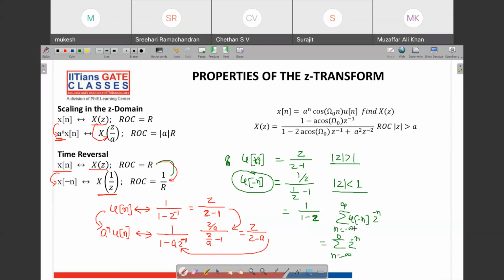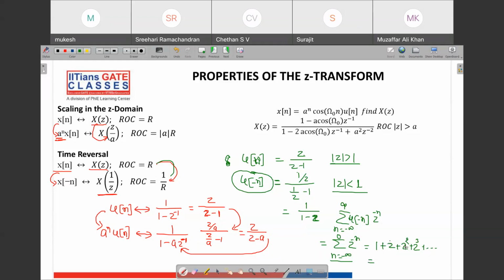Now if you expand this, for n equal to 0 you get 1. For n equal to minus 1, you get z, z square, z cube, and so on. Here all n are negative, because of that you are getting positive powers.